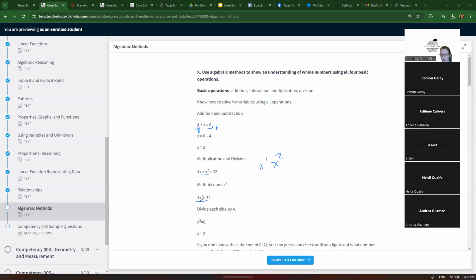We're going to divide each side by 4. X cubed equals 8. So then anything cubed is x times x times x, right? That's what x cubed is. So something cubed equals 8. Well, we know 2 cubed, 2 times 2 times 2 is 8.